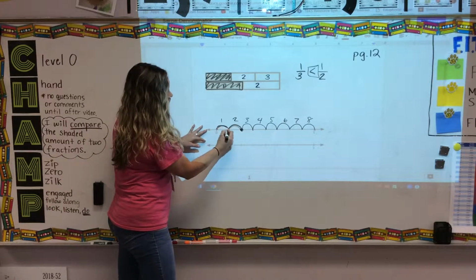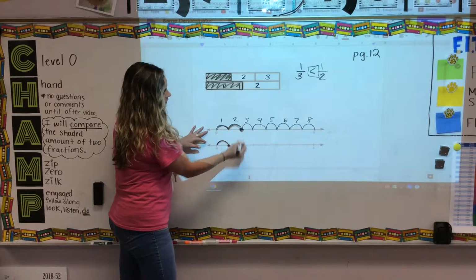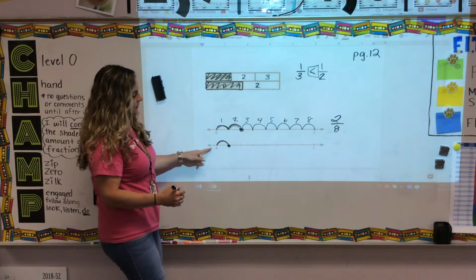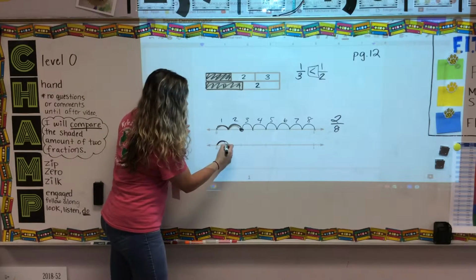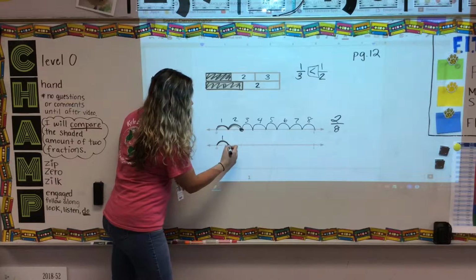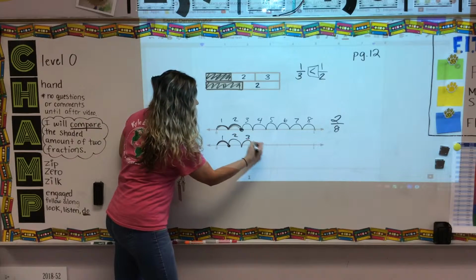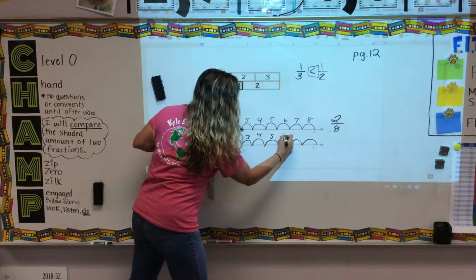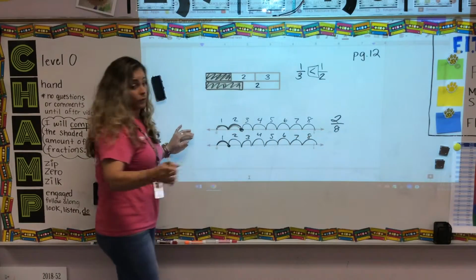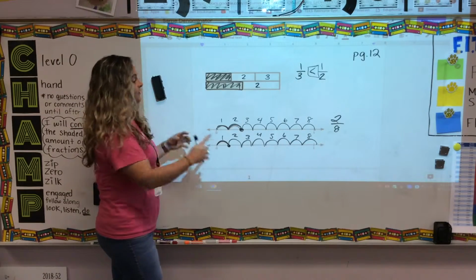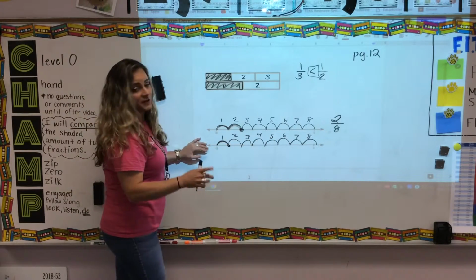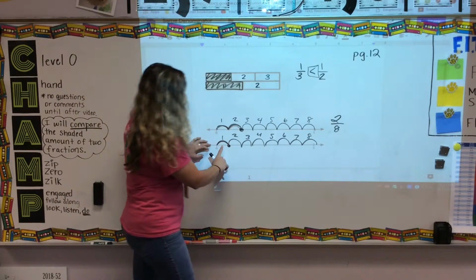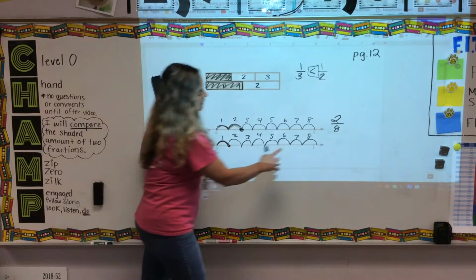It's 2 jumps to get to the fraction, out of 8, so we got 2/8, and obviously we're comparing this one, which has 1, 2, 3, 4, 5, 6, 7, 8. Don't cut corners. I know y'all want to fly through this, but that's the difference between meets and masters and approaches. All right? So this one took 1 jump out of 8.